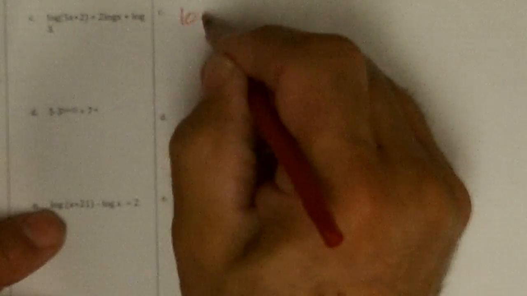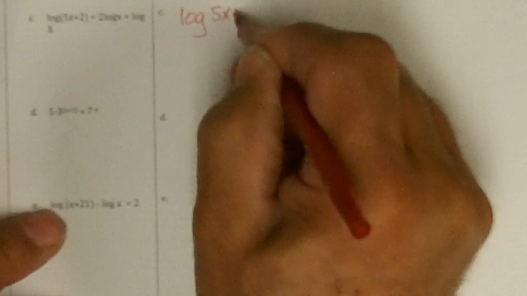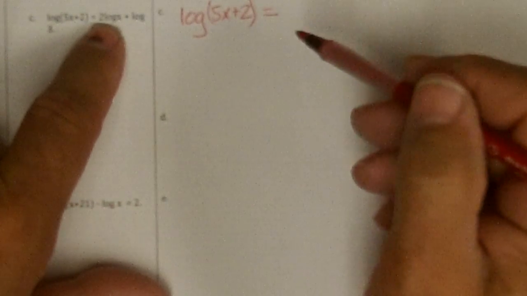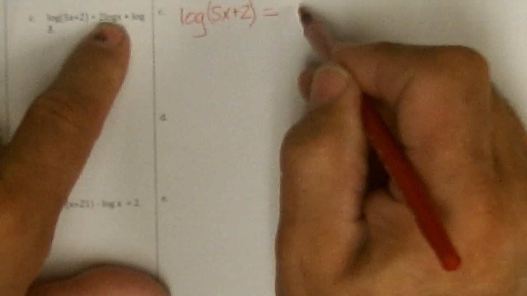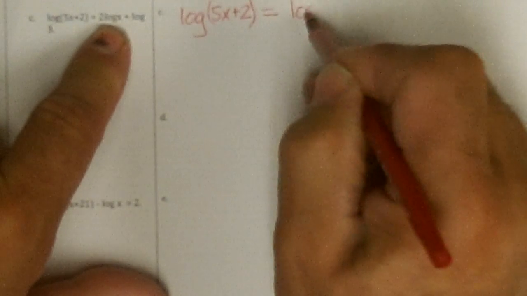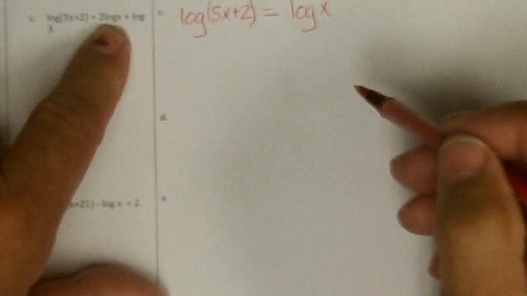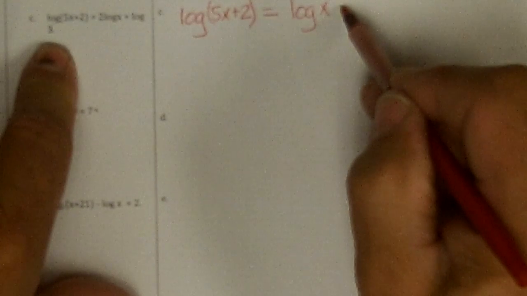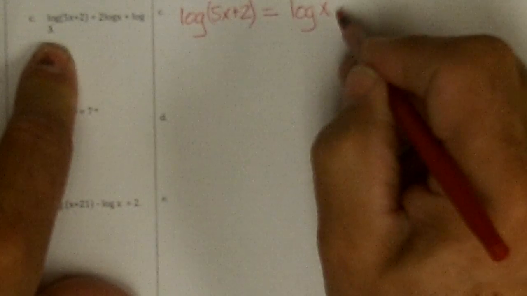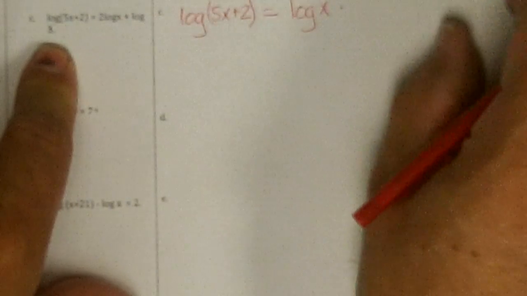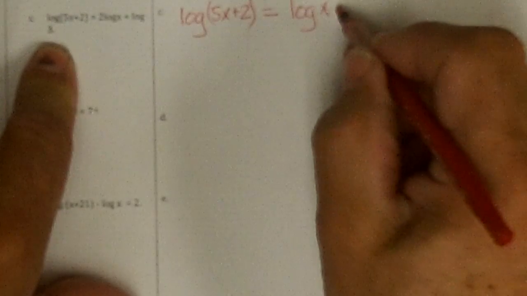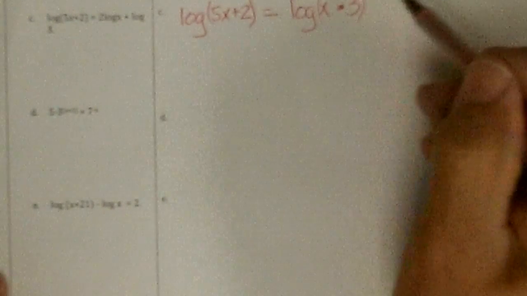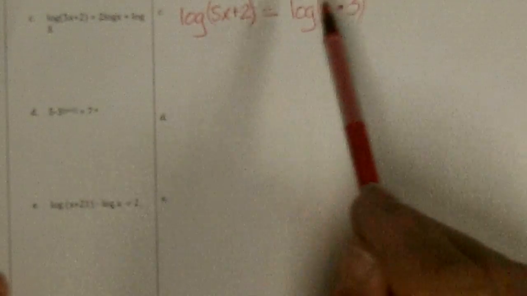So we have the log in base 10 of 5x plus 2, and on the other side we have 2 log x, and so the 2, according to the power rule, can go up, and so this could be the log of x squared, plus, and now this is log of 3, and when it's plus, the plus rule says you can change the log of something plus a log of something becomes the log of the product of those things multiplied. So times 3.